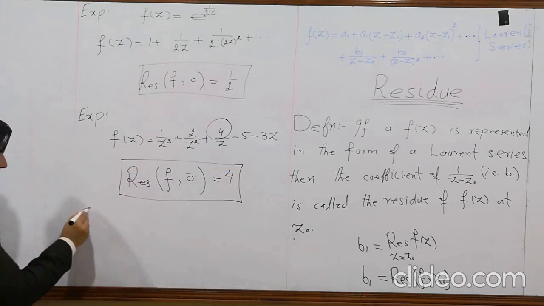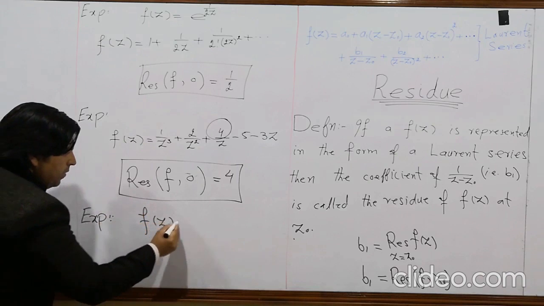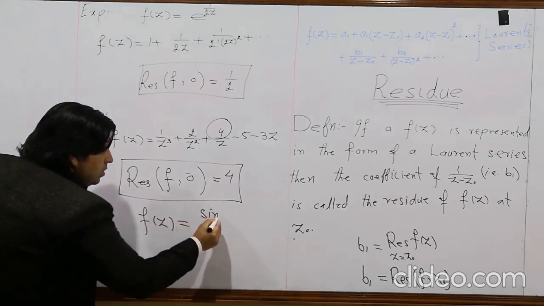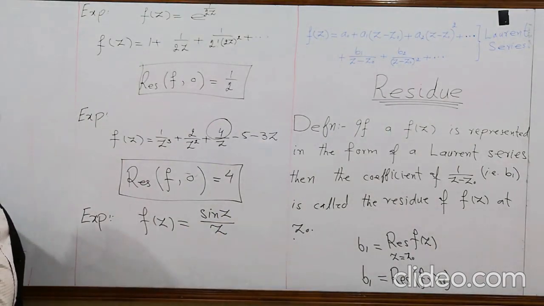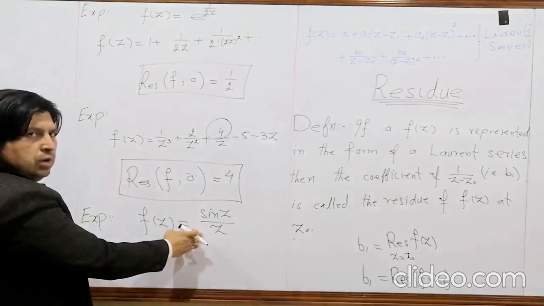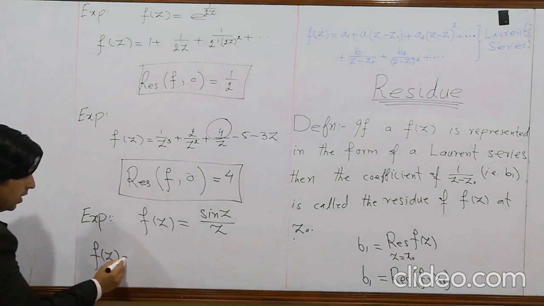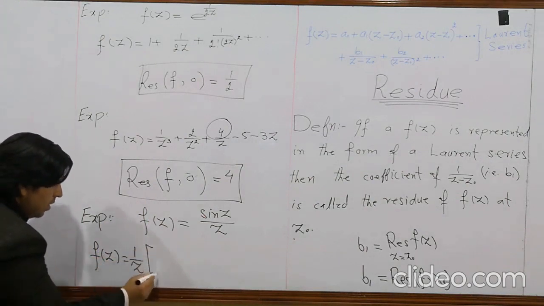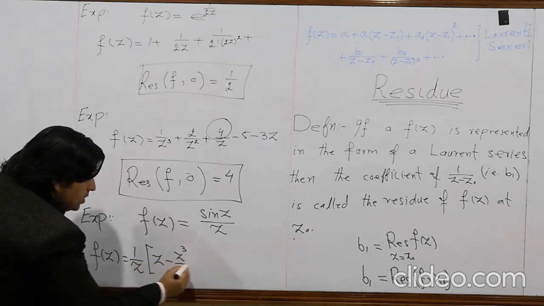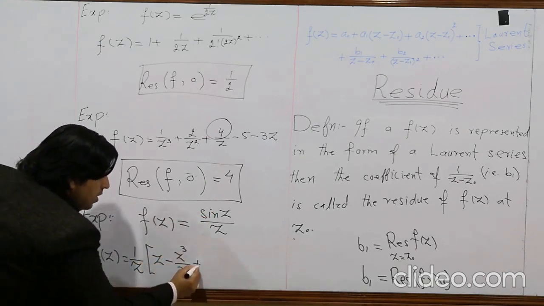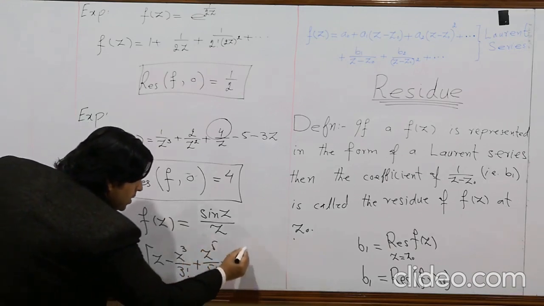Now let us see another example. In this example, I have a function f of z is equal to sine z by z. And the question is, find the residue of this function. So again, I have to represent this function into the Laurent series. So sine z can be written as z minus z cube by 3 factorial plus z5 by 5 factorial minus up to so on.